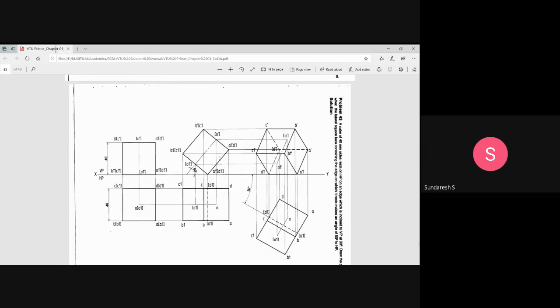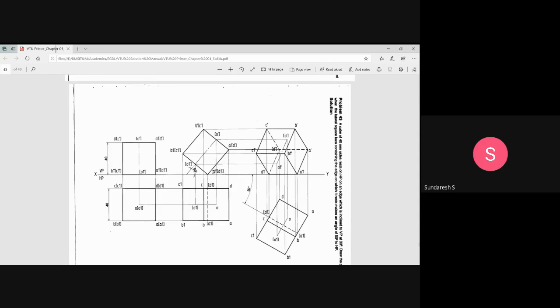One end will be A1 dash and D1 dash, and the other will be A dash and D dash.